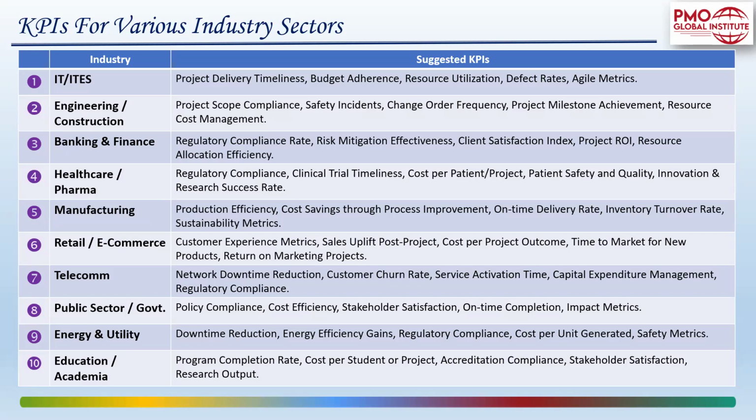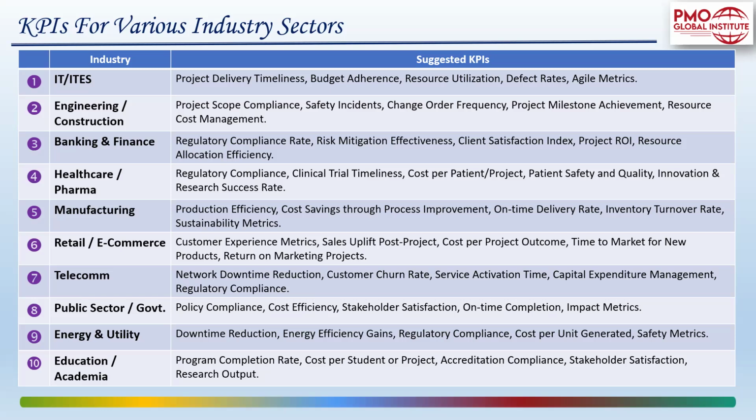If you are setting up a PMO for an IT company, your project delivery timelines and your budget adherence, on the lines of what I explained in the previous slide, cost variance and schedule variance, are mandatory across all industries, right?